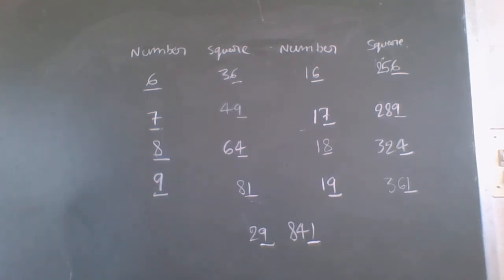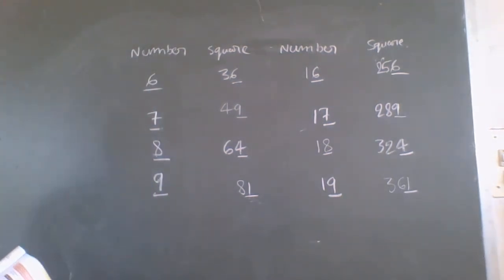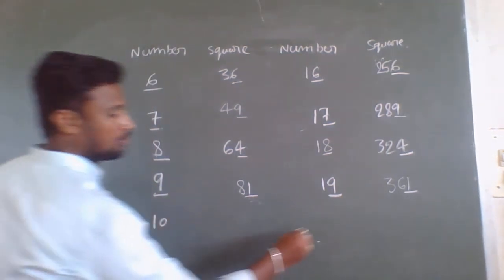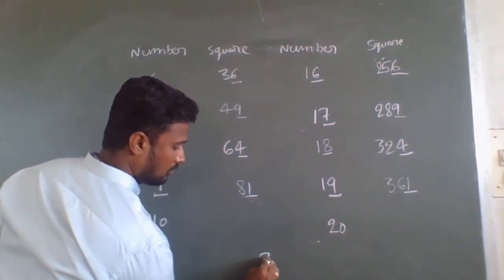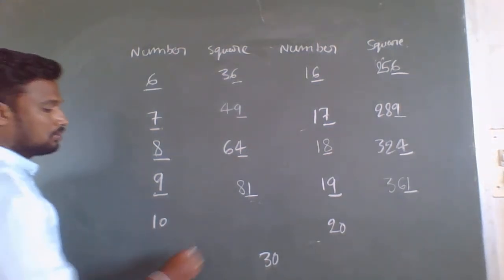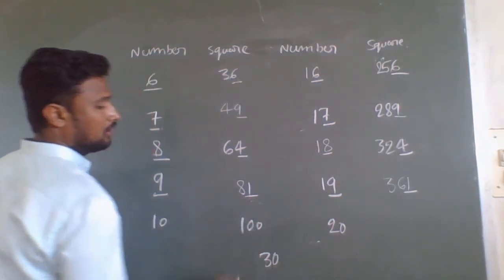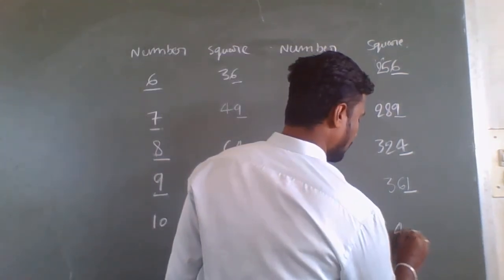So now the last one, 10. So 10, 20 and 30. 10 square, what will you get? 100. 20 square, what will you get? 400.